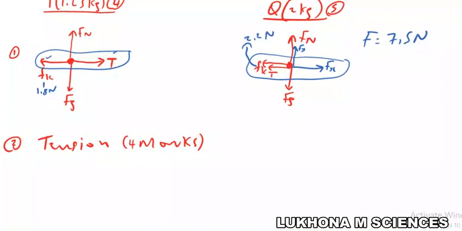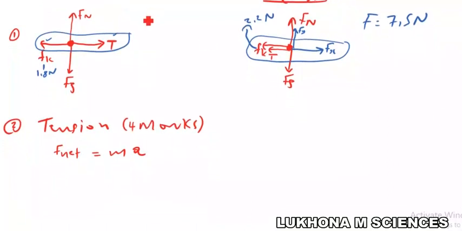So Fnet is equal to ma. If we look at this object, it is going to the right, so tension must be positive, but Fk must be negative. Now we can substitute.